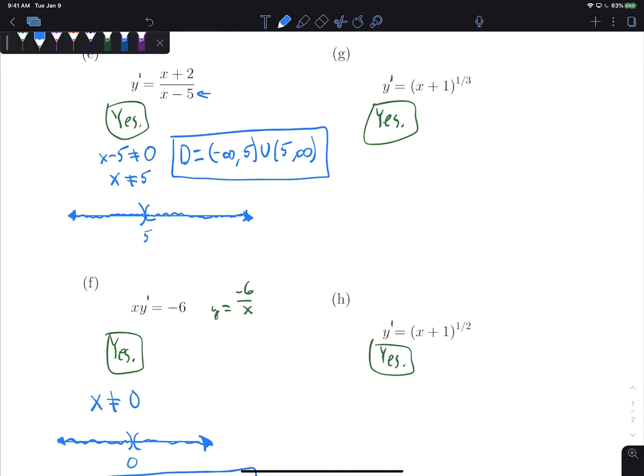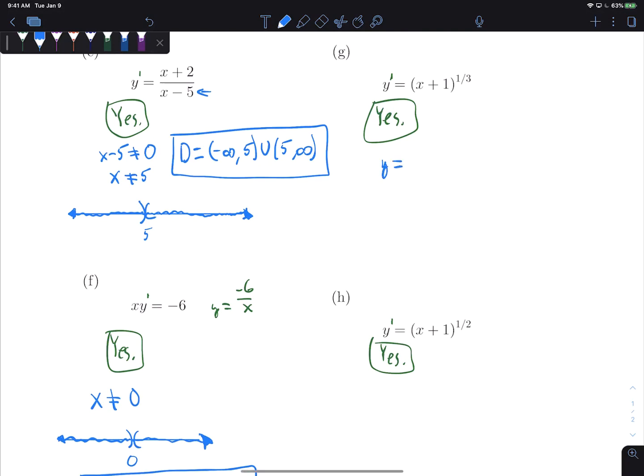Next, let's look at letter G. With G, we have y equals x plus 1 all to the 1/3 power. But remember, a fractional exponent is just a radical. So this would be a radical, and the base is going to be the radicand. The denominator in the exponent is 3, and that's going to be the index.